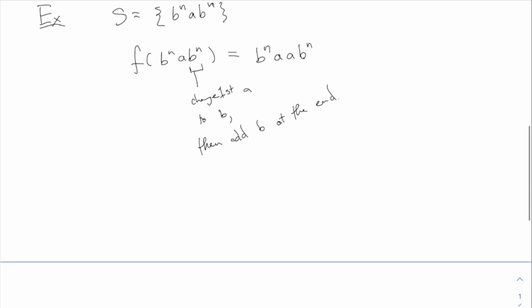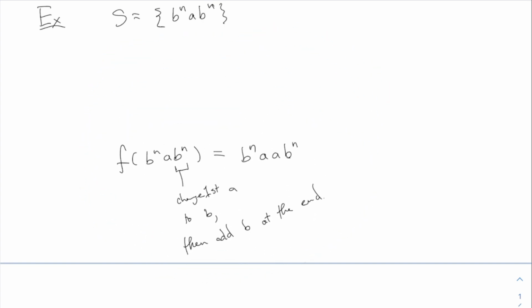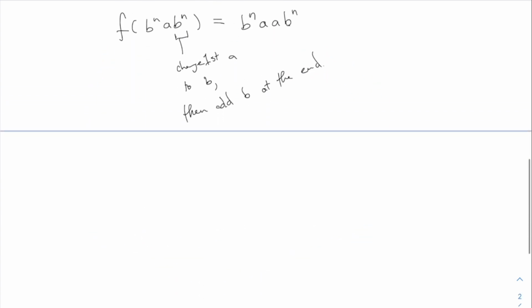So I'm going to do this below the page break. Here's my starting state. Change the first A on that block to B. So first you have to move the head to the right a bunch in order to get to that spot.